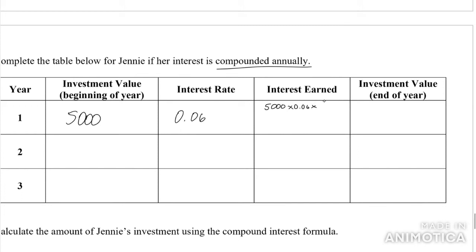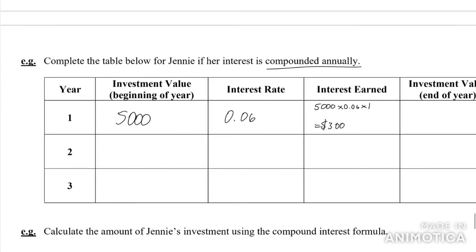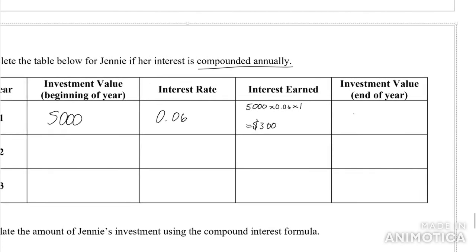Because the number of years is 1, I can leave it out, but this gives me 300. So I earn $300 at the end of the year. So then the investment value at the end of the year, so this is how we are starting with compounding. So we add together 5,000 plus 300 to give me $5,300.